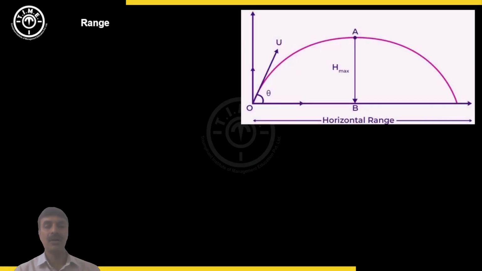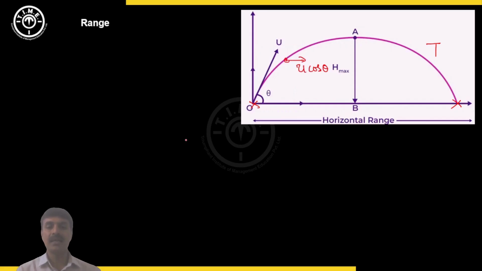See, the range of a projectile is nothing but the horizontal displacement covered from point of projection to the point of landing. The total time for which it travels is its time of flight. And if it is the horizontal displacement, that purely depends upon the horizontal component of velocity.